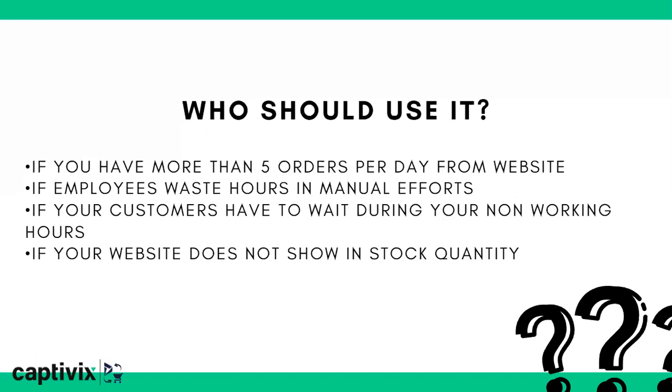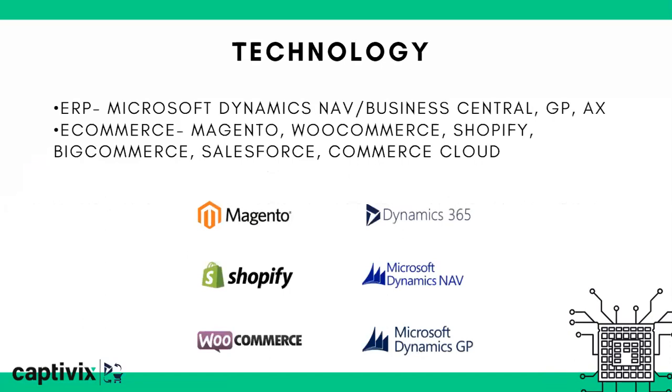So again, the plugin can help you, and you don't have to manually update everything in the ERP as well as in the e-commerce system. If you just update the ERP, it will be automatically reflected back in the e-commerce system. So that is something we can help you with.